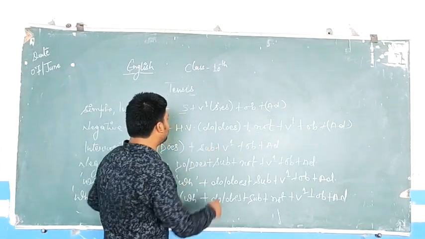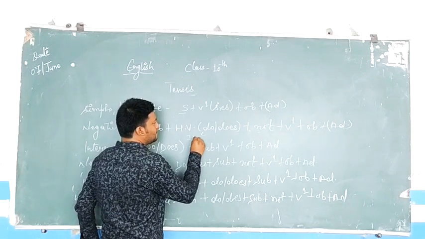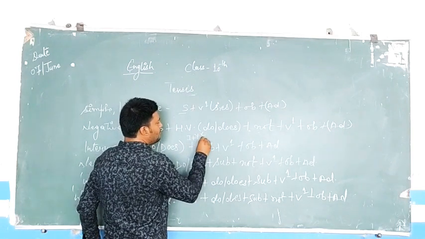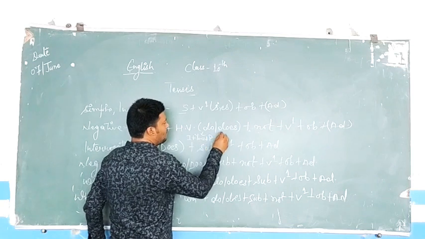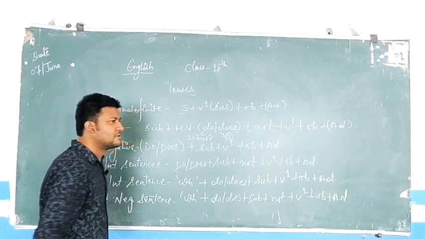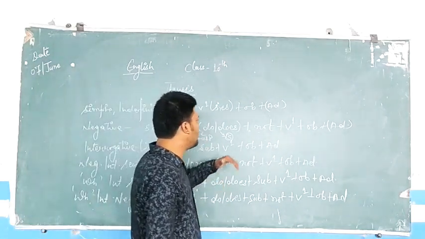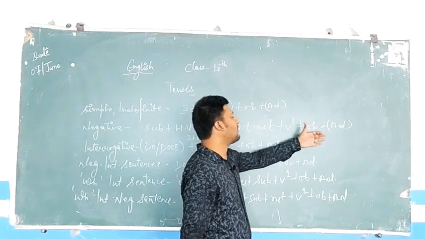We use do with I, you and plural, whereas for singular subjects we use does. How? We will explain it later. Plus not, plus verb first form, plus object, plus adverb.